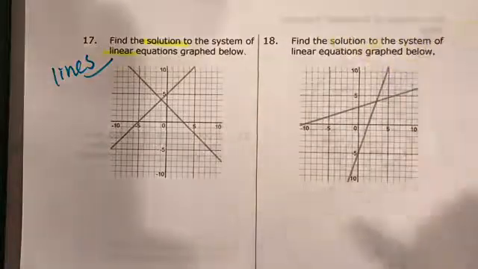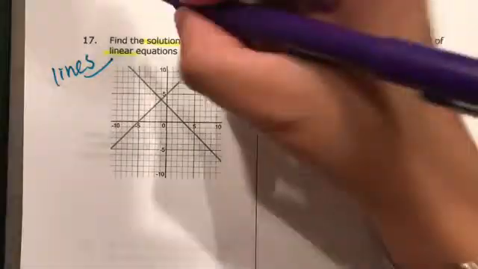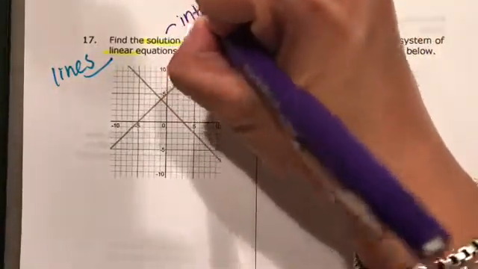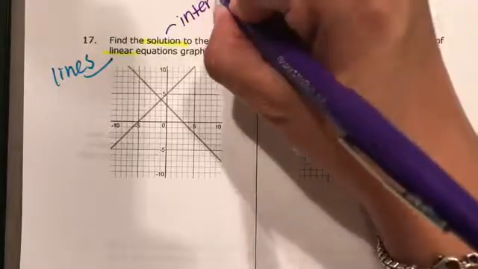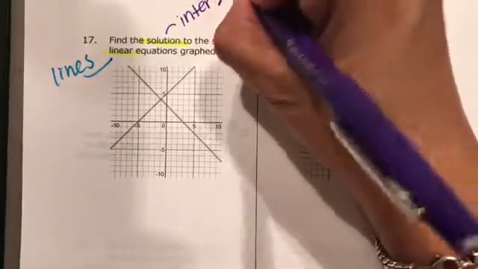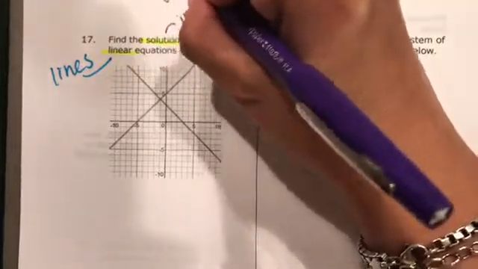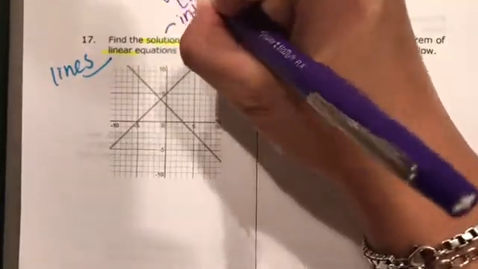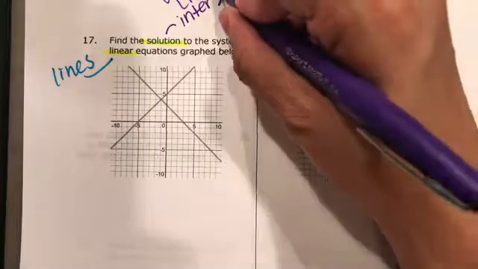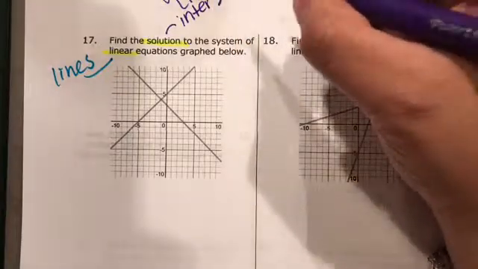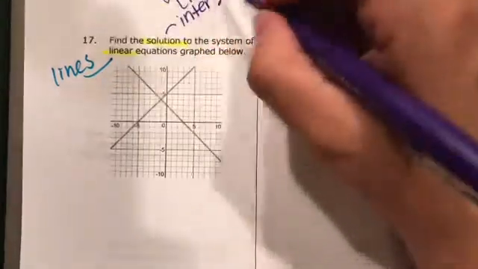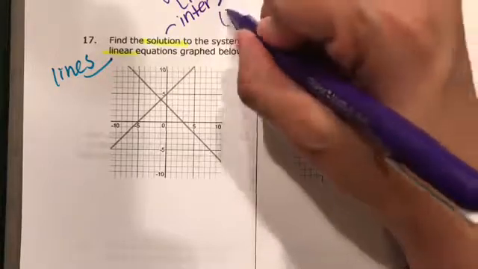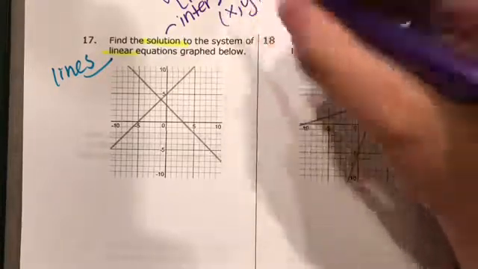Solution basically means where they intersect. And lines intersect, and it's typically an ordered pair.